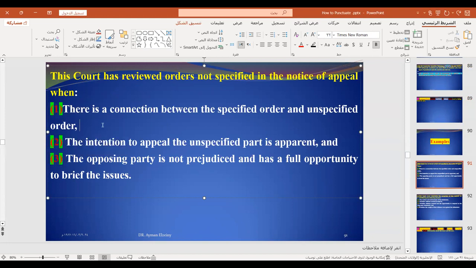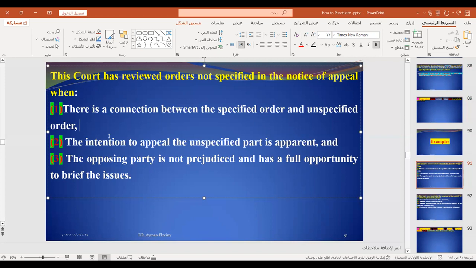So when I want to write the following sentence, the court has reviewed orders not specified in the notice of appeal when the following content provides the cases. So I put the number of the first one between parentheses.